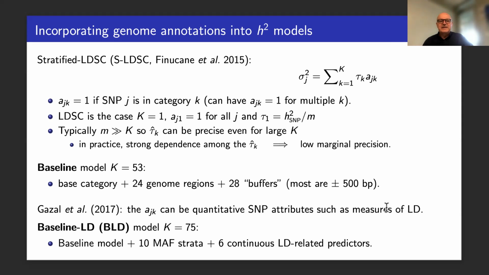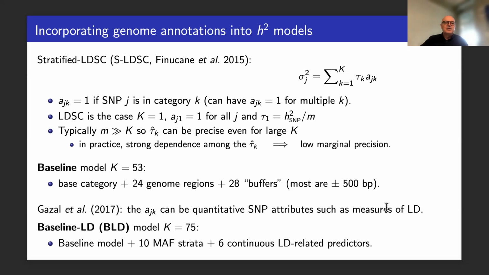So one of the big advantages of LD score regression was the model is so simple that you can put lots of predictors into the model. And so when the Boston group developed LD score, they saw straight away that they could put a lot of predictors into the model, and we were in some sense in competition with them, and they got a big head start at that time by putting lots of genome annotations into their model.